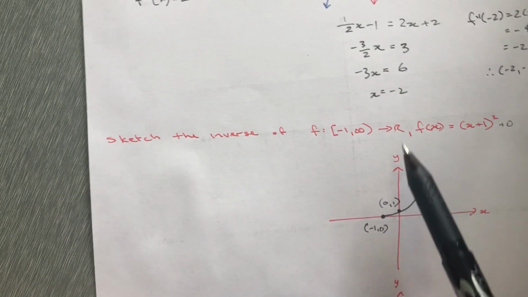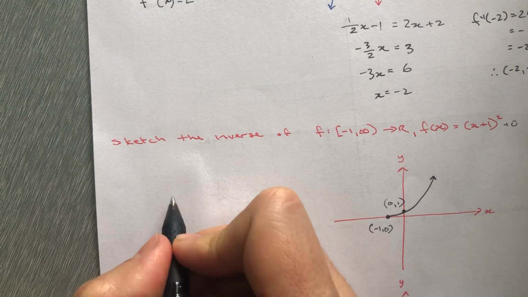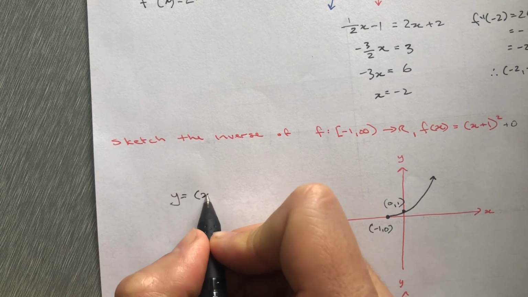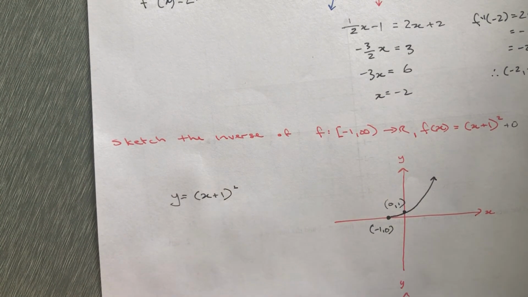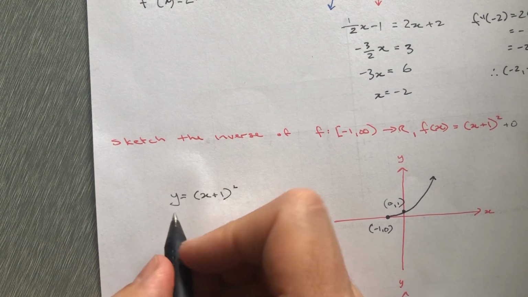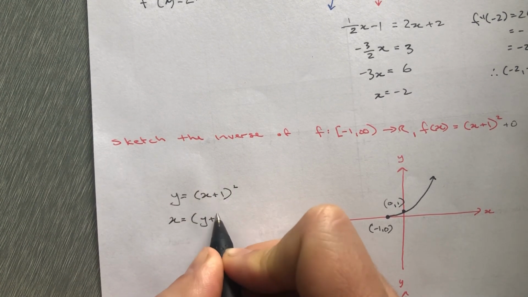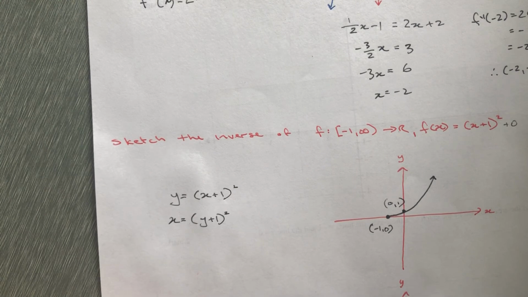So remember, we want to take the rule of the original one. The first step to finding the rule of the inverse would be to swap over x and y. Cool.